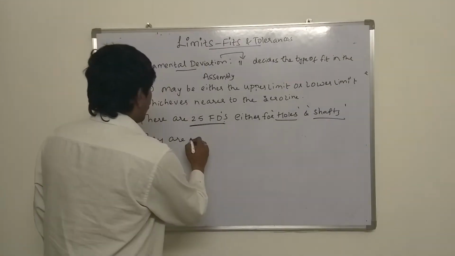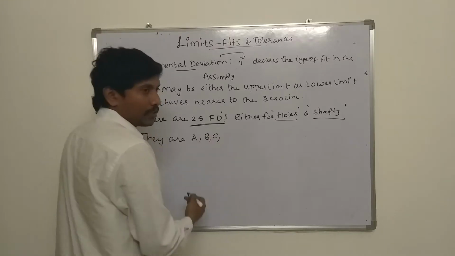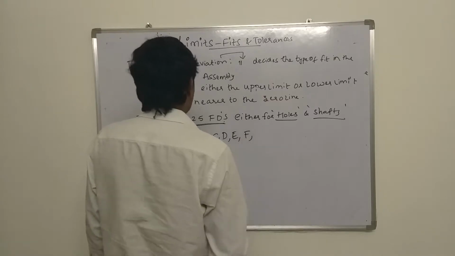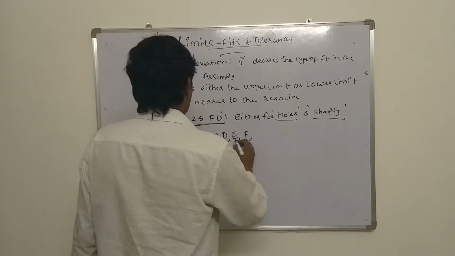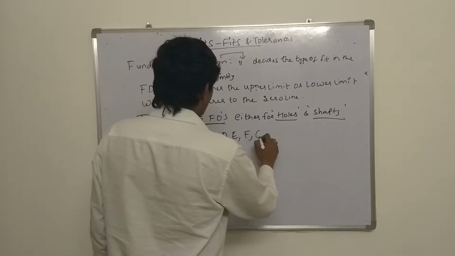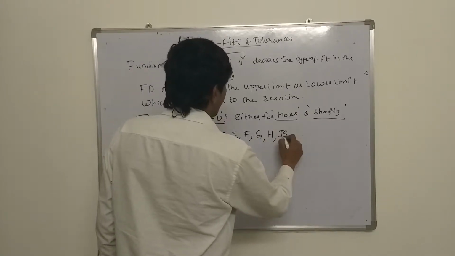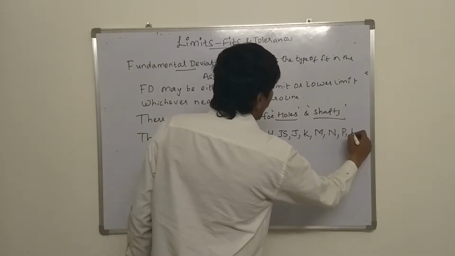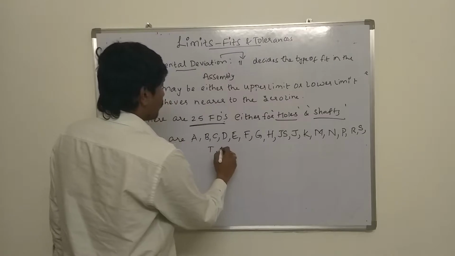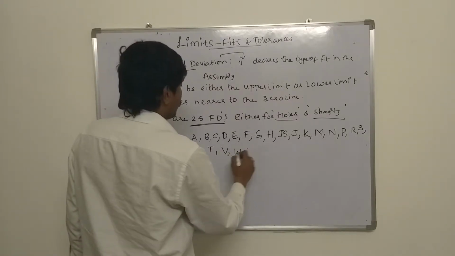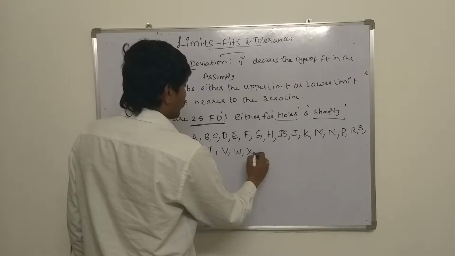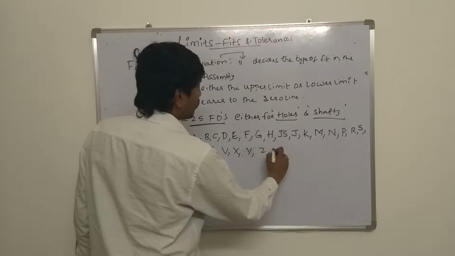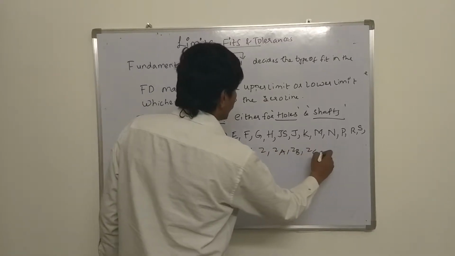They are capital A, B, C, D, E, F, G, H, J, JS, K, M, N, P, R, S, T, U, V, X, Y, Z, ZA, ZB, ZC.